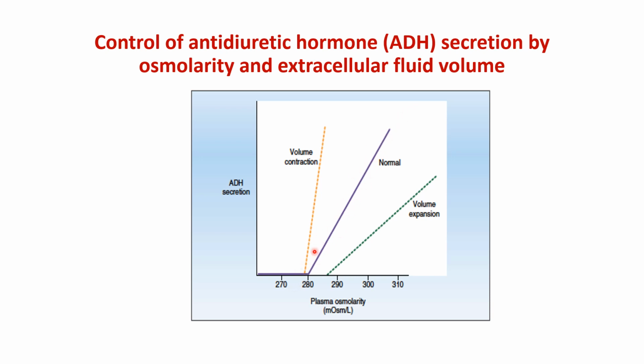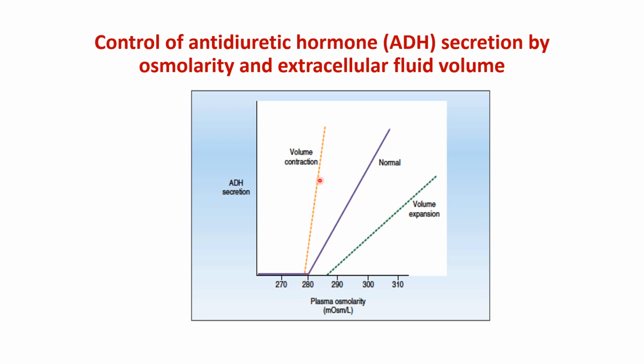If our plasma osmolarity is increased due to salt intake or whatever it is, this will evoke an increase in ADH secretion. If you drink lots of water, the plasma osmolarity will go down, and the ADH secretion will decrease. So ADH is there basically to maintain the plasma osmolarity within this level, so it doesn't go too much beyond 290.